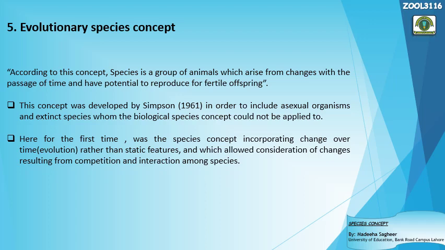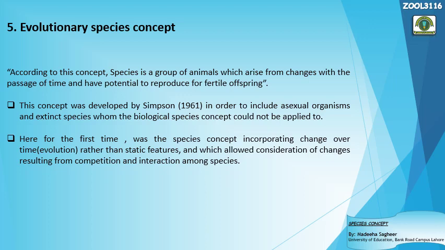So that concept couldn't be applied to asexually reproducing organisms, but the evolutionary species concept applies to asexual organisms, as well as to extinct organisms that are no more in this world. So here, for the first time, the species concept incorporated change over time.